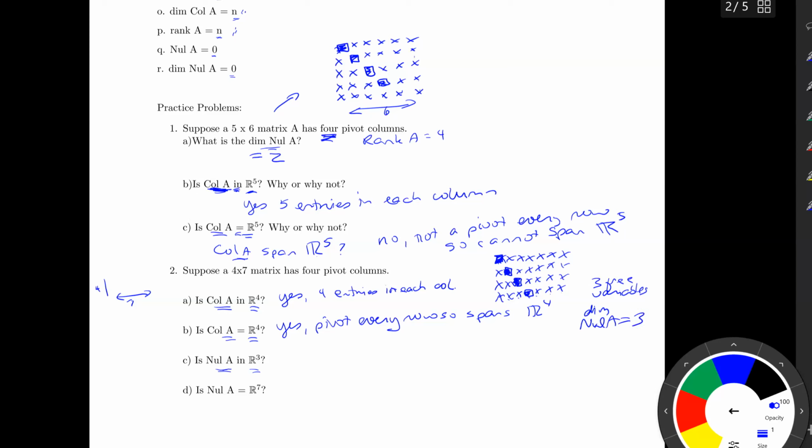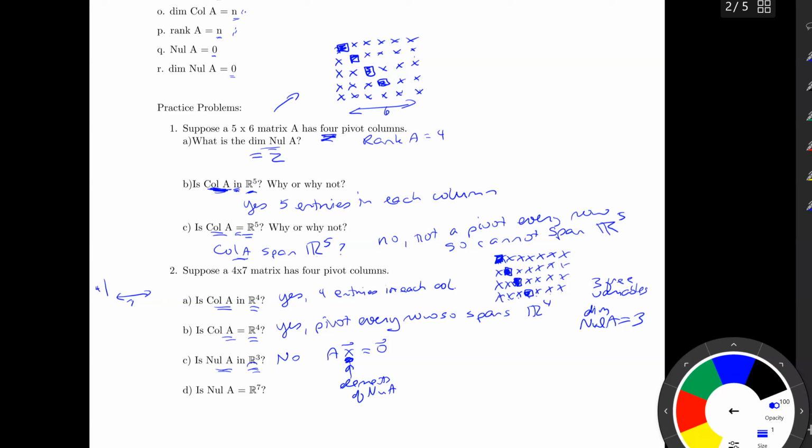But does that mean that Null A is in R3? No, it does not. The elements of Null A are the vectors that I multiply by A to get 0. So these are the elements of Null A.